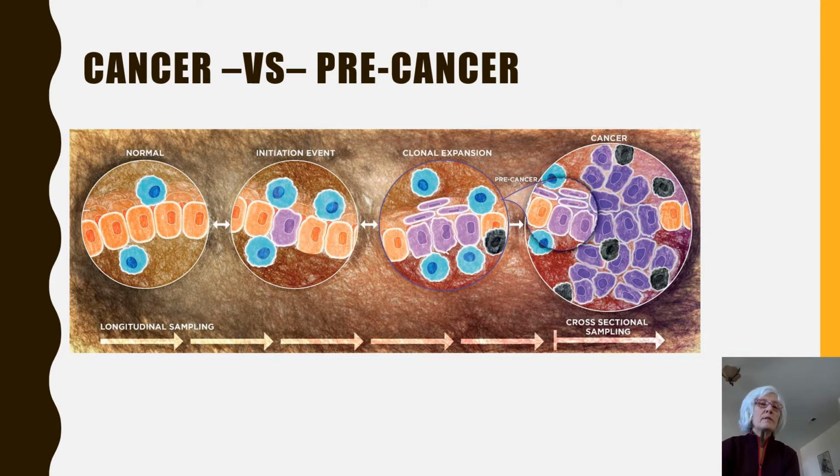So we've described how cells normally, specifically epithelial cells that would develop into a carcinoma, how those cells normally don't divide unless there are some sort of environmental signals that tell them that they should.